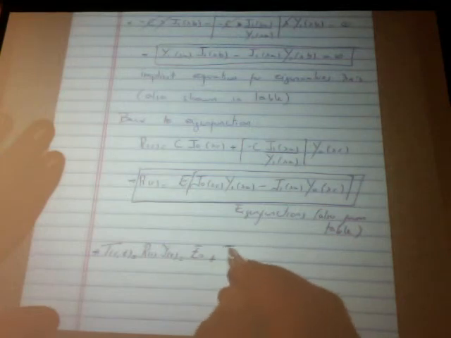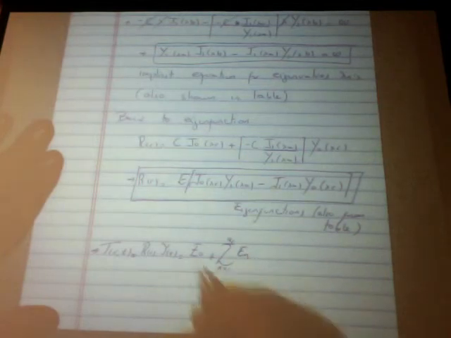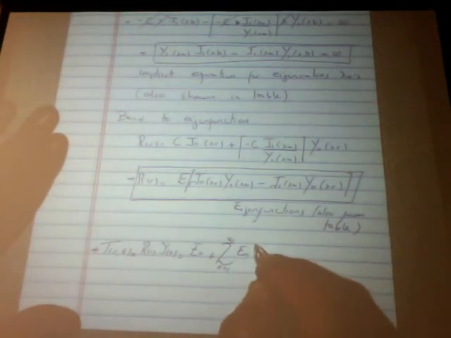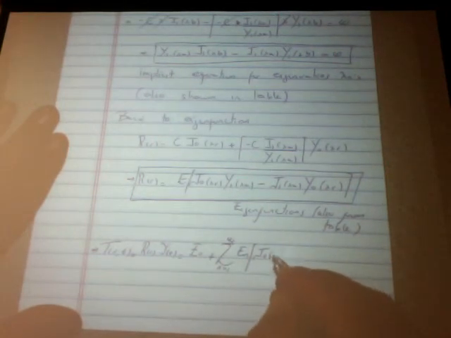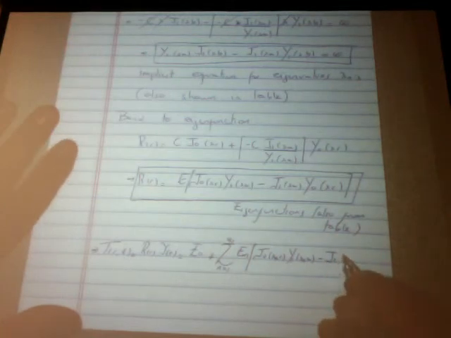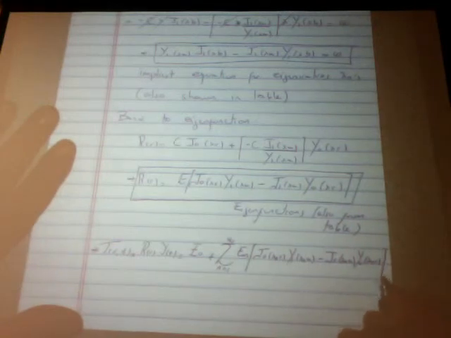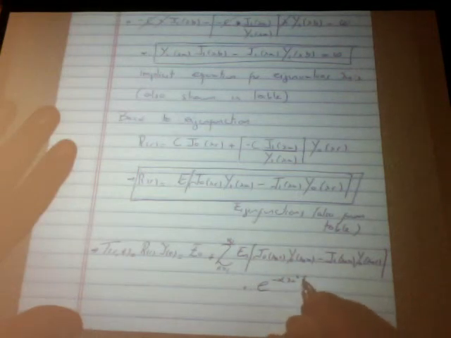This will look like, and the first eigenvalue will be E0 plus summation from n equal 1 to infinity. I'll explain where that E0 comes from. J0 lambda n R Y1 lambda n A minus J1 lambda n A Y0 lambda n R times e to the minus alpha lambda n squared t.